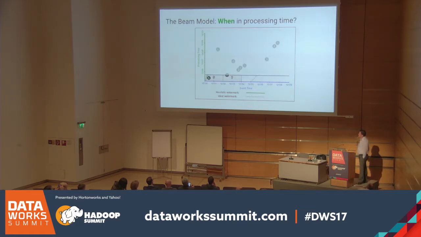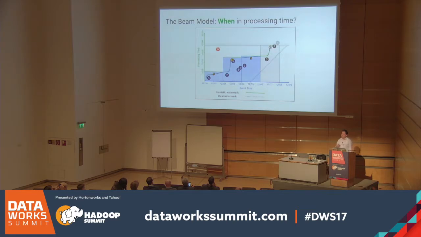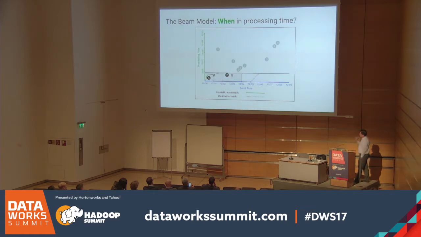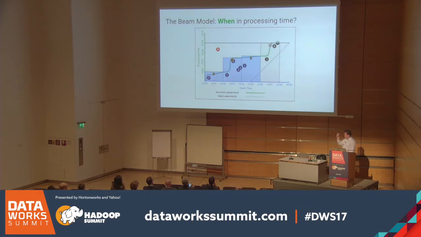The watermark really represents the system's best estimate of what has been processed fully so far, right? For a given point in processing time, what is the cutoff at which the system believes that all elements in event time have been completely processed? And then, when the watermark passes the end of the window, the system produces results.